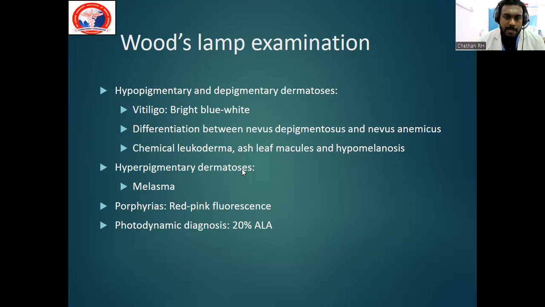In hyperpigmentary dermatoses such as melasma, we can tell the depth of involvement. That is, we can tell epidermal melasma from dermal melasma using a Wood's lamp examination. And porphyrias can also be diagnosed using Wood's lamp examination, where the involved structures show red-pink fluorescence.